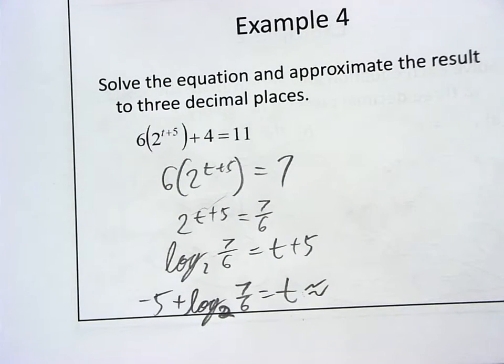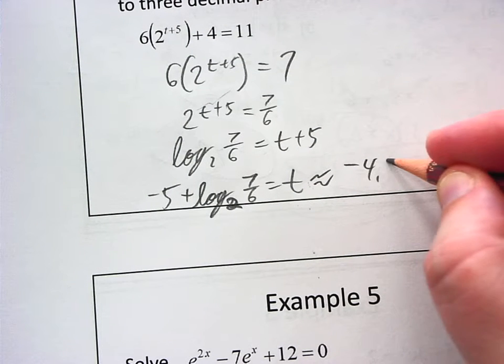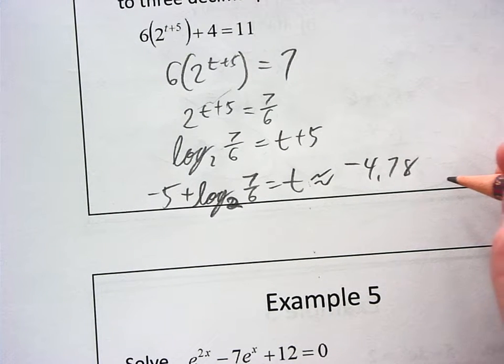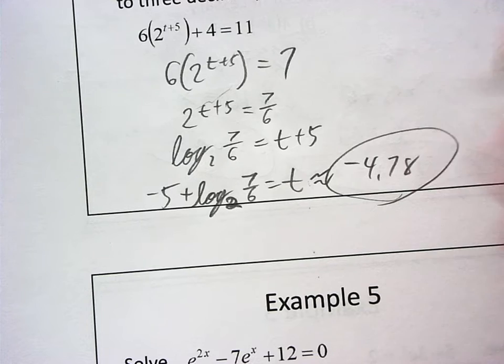What do you get? Anybody else? Yep. Negative 4.778, right? Yeah.